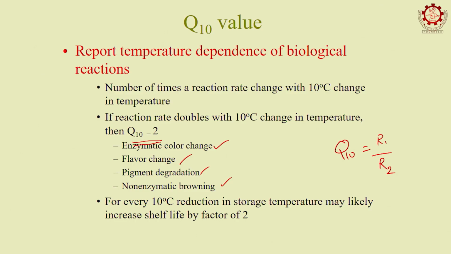Now, how is shelf life defined? Again, shelf life definition may be different to different people. In some cases it's simply a microbial reduction: if I get microbial contaminants, then my shelf life is over.